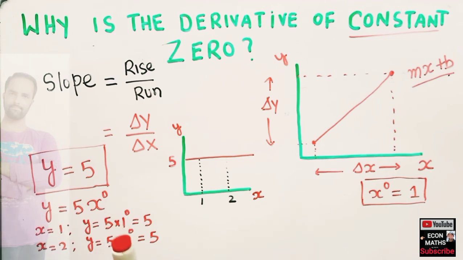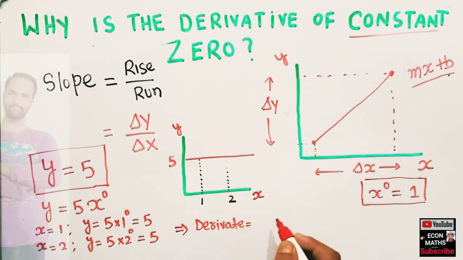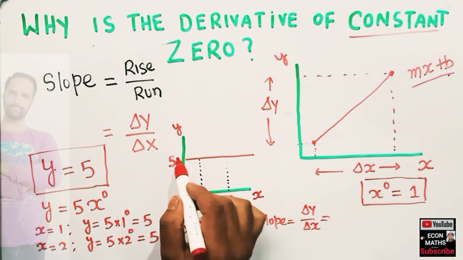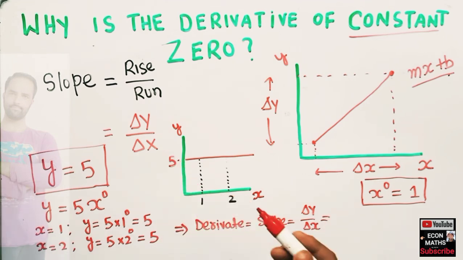Now if we apply the above formula of slope, what will we get for the slope, or what we call the derivative? Derivative is equal to slope, which is equal to change in y upon change in x. Here you can see y has not changed at all.